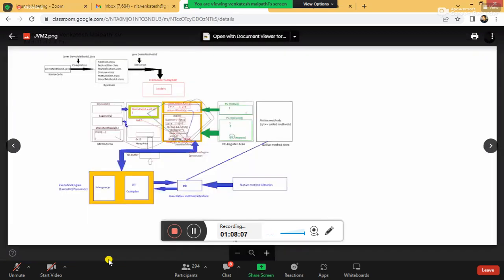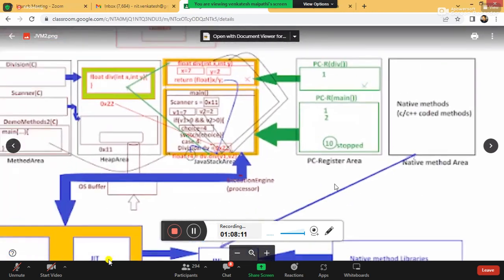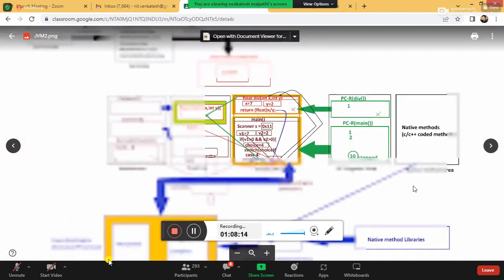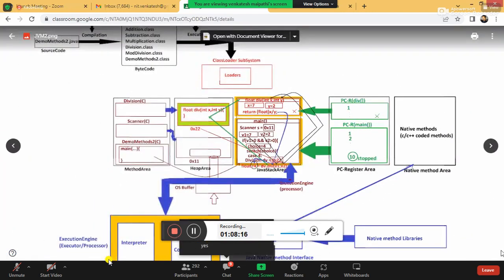This is internal. This internal machine model is part of your course curriculum. So a Java developer should know how his program runs on the machine.